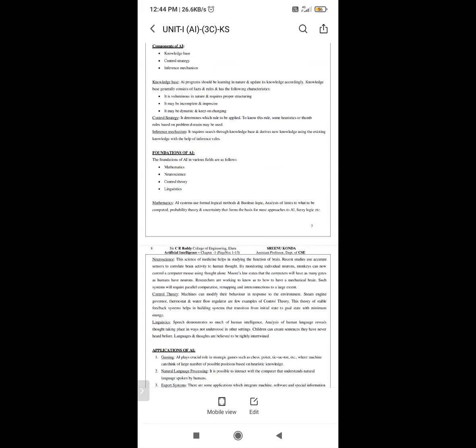In order to reach from the initial state to the final state, it needs to use the stable feedback system, which takes it from the initial state to the goal state with minimum energy.